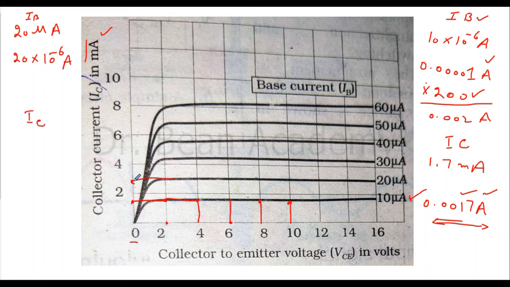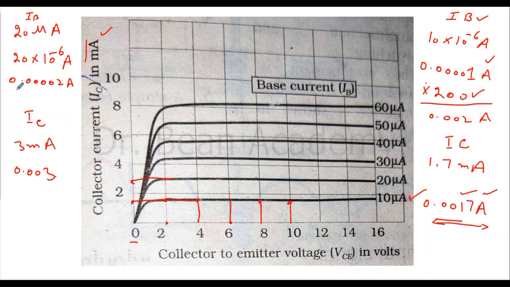So for 20 the current is about 3 milliampere, which is 0.003 ampere.